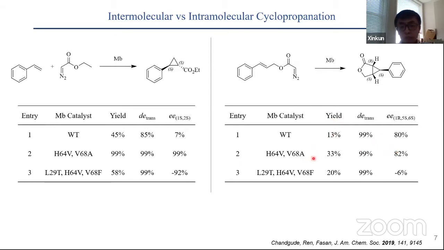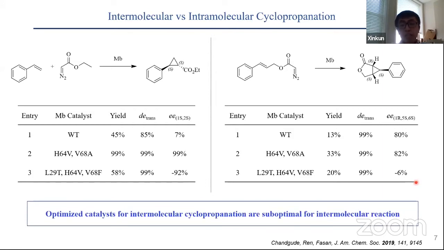The double mutant showed 33% conversion, while the triple mutant could only give 20%. Regarding the enantioselectivity, there was no significant improvement compared to the wild type. And these results suggest that the optimal catalysts were not transferable between the inter and the intramolecular cyclopropanation reactions.